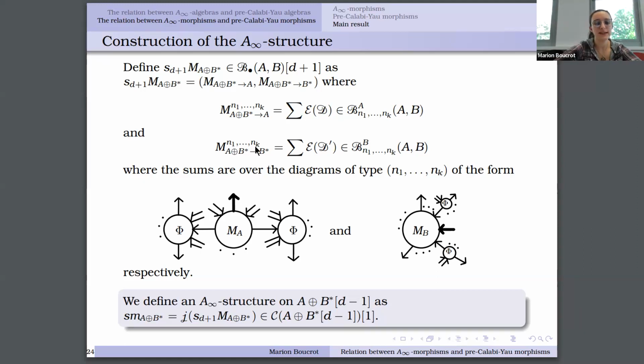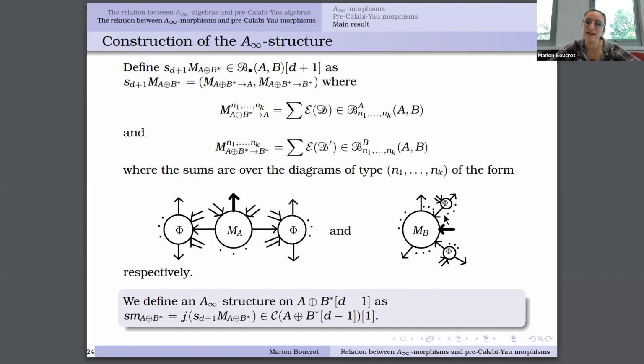We do almost the same to have an element of BB using now the pre-Calabi-Yau structure on B. So here we have an input of B, which is in fact an incoming arrow in a diagram in B, is the same as an outgoing arrow of the same diagram in B star.